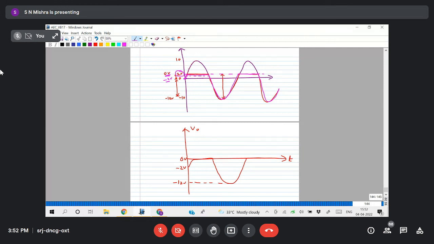According to that, it will change. Instead of 2, it will be 1.3 volt, and here 10 plus 2, instead of 2, it will be 1.3. So it will be 11.3. Okay. So like that you have to analyze.